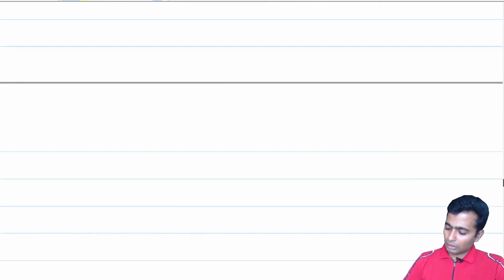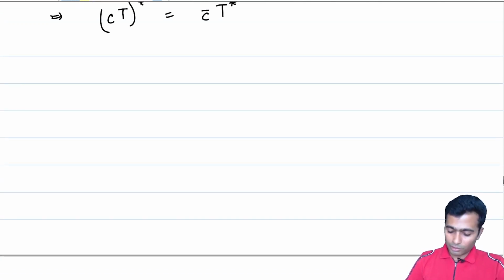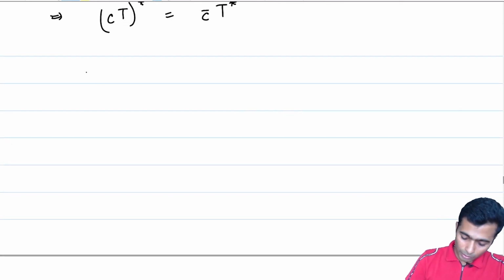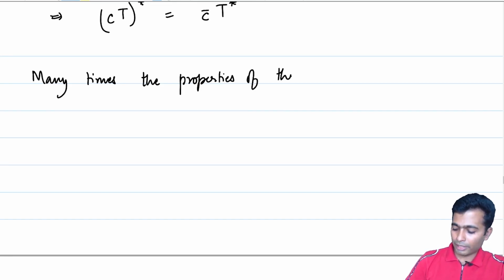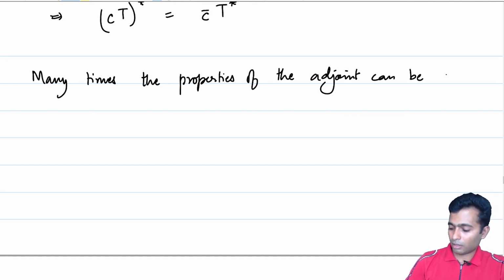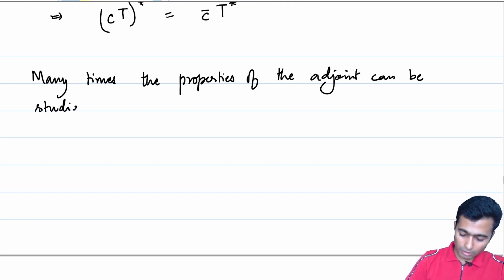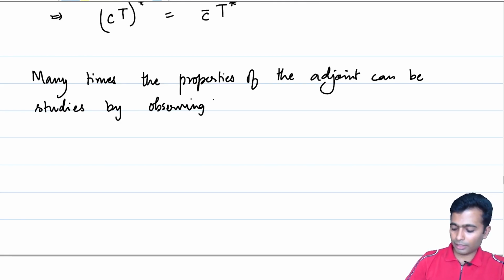Okay, so one observation which I would like to bring out here is that many times the properties of the adjoint can be studied or concluded by observing the identity carefully.